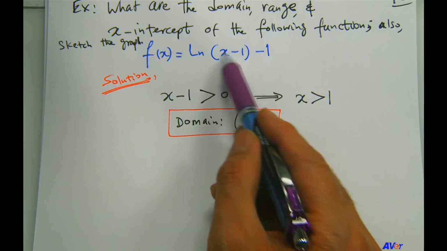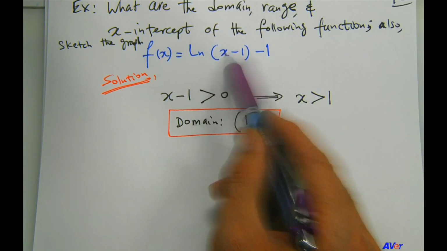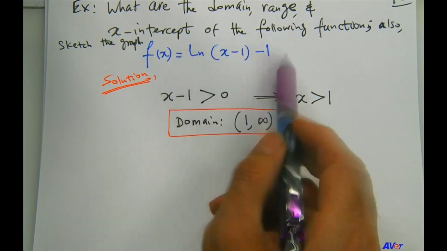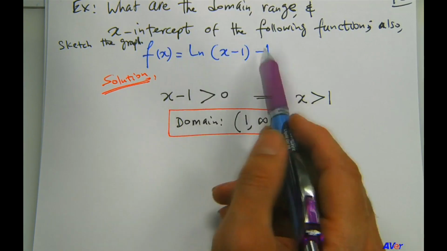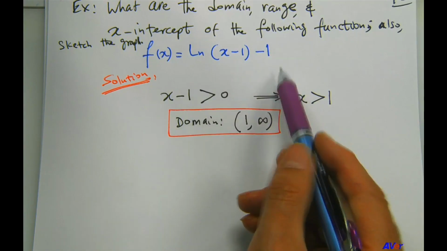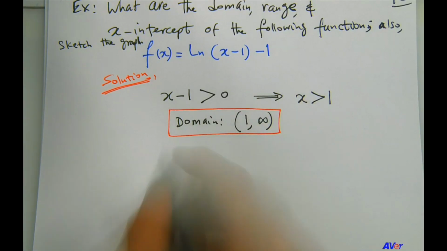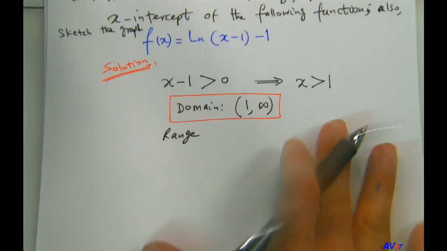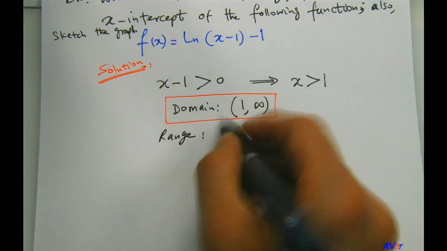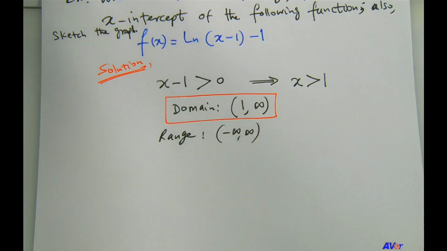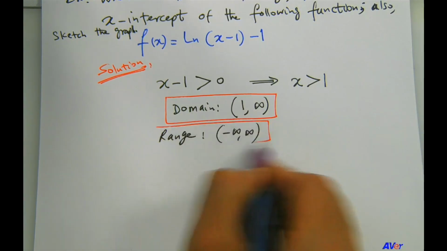If this is a very large value, then we have a very large quantity from all of this calculation. So it can go toward negative infinity or positive infinity. The domain has a restriction, but the range is just from negative infinity to infinity. There's no restriction there.